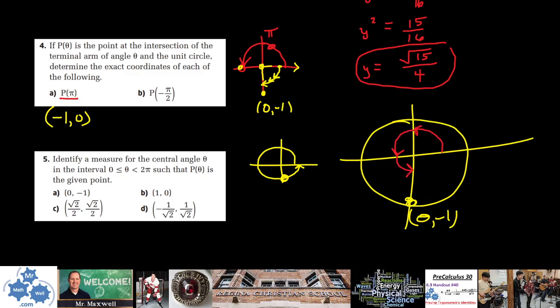So this angle, and you can just count multiples of a known angle that you have on your unit circle, is 3 pi over 2. So theta equals 3 pi over 2.